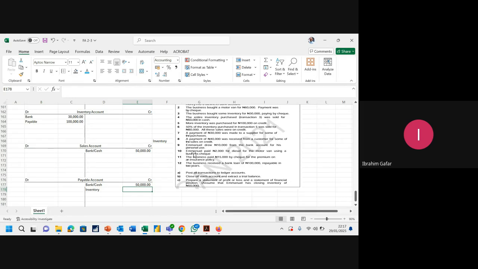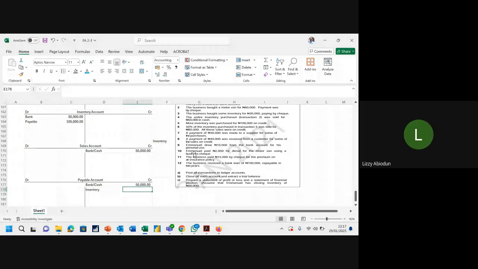Liabilities are credited. On a normal day, your payable account should be credited, but because you have paid money, it has to be debited. In this case now, it's clear to you, right? Are you sure?